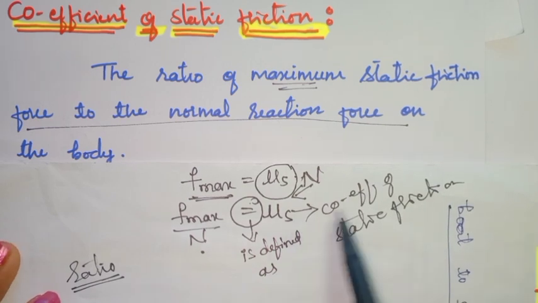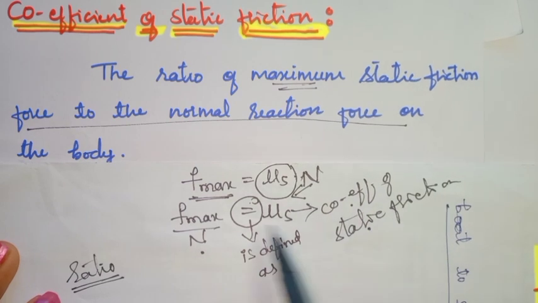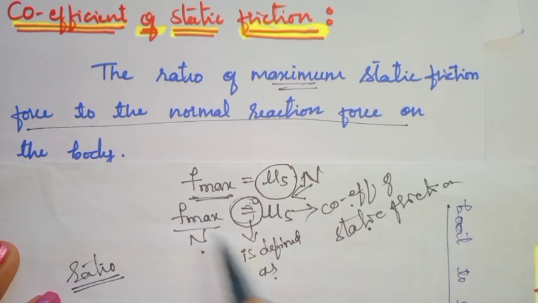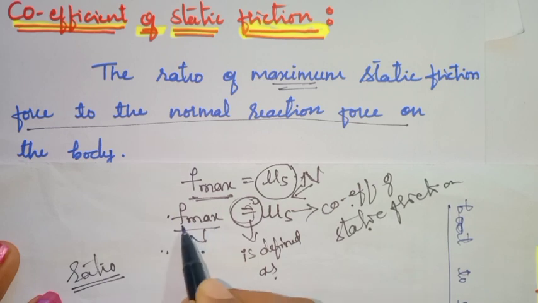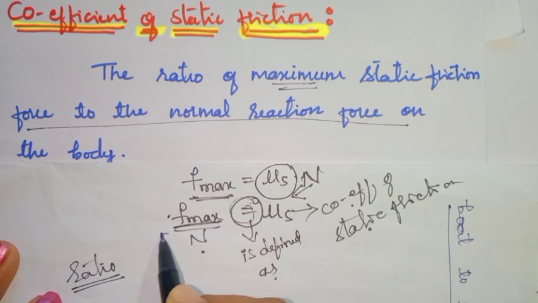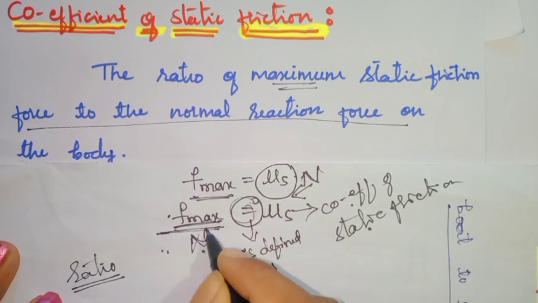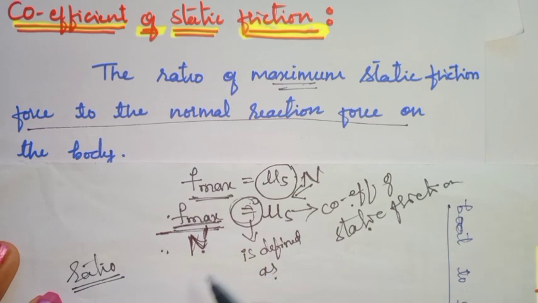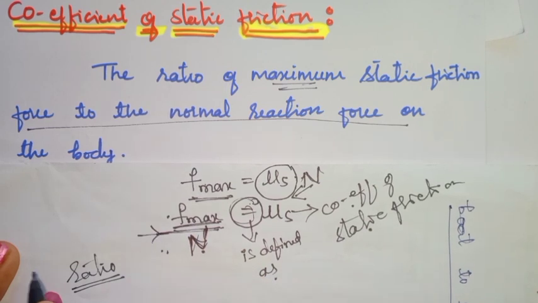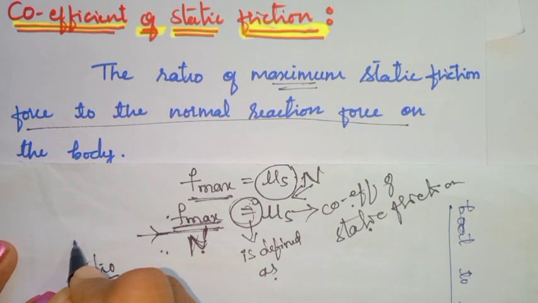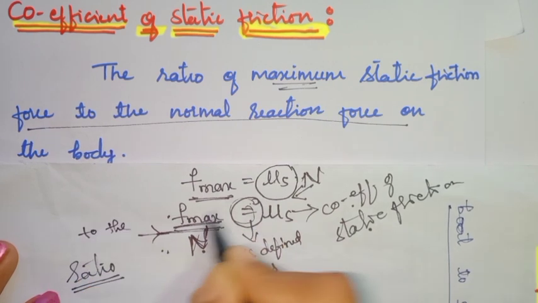The coefficient of static friction is defined as the ratio of maximum static friction to the normal reaction. F max means maximum static friction.